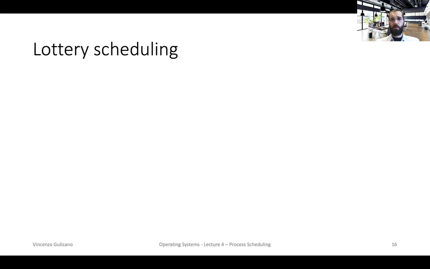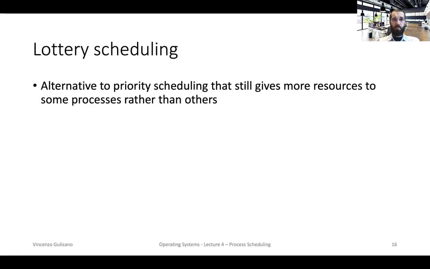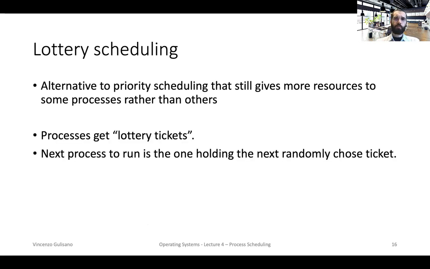The last one is lottery scheduling. It's nothing different from what the name is actually saying. It's lottery scheduling. So it's an alternative to priority scheduling that allows you to control better how you give resources to the different processes. Each process gets assigned a set of lottery tickets.